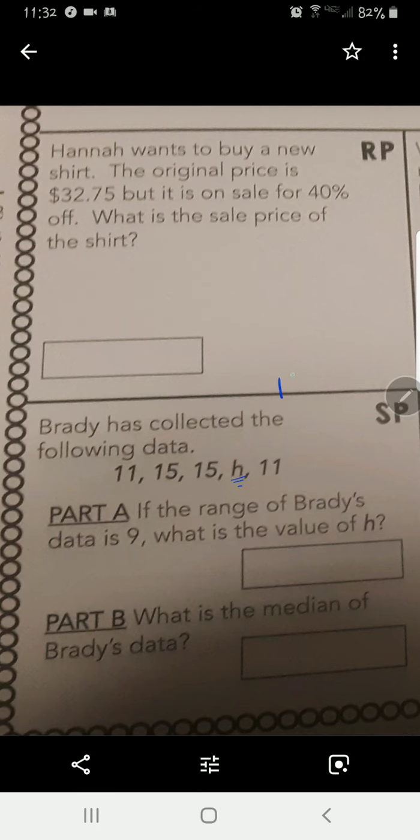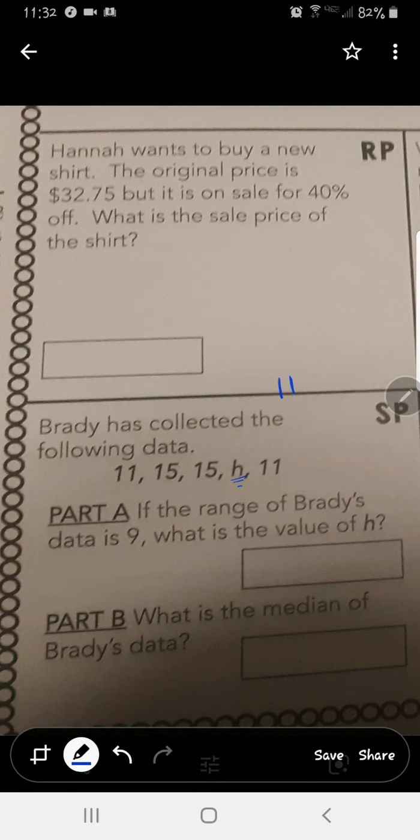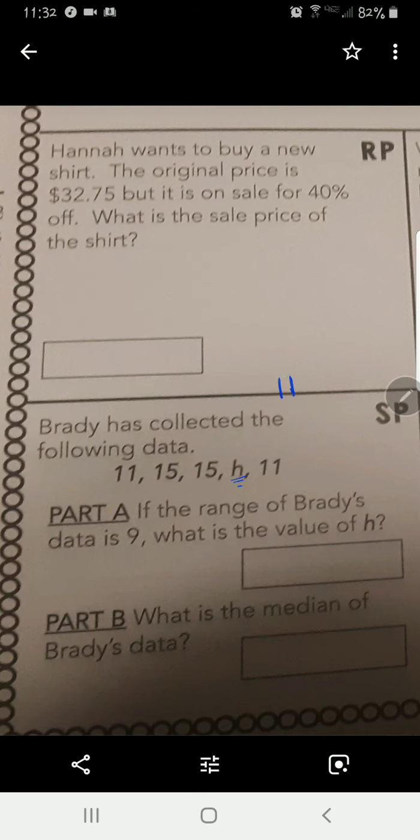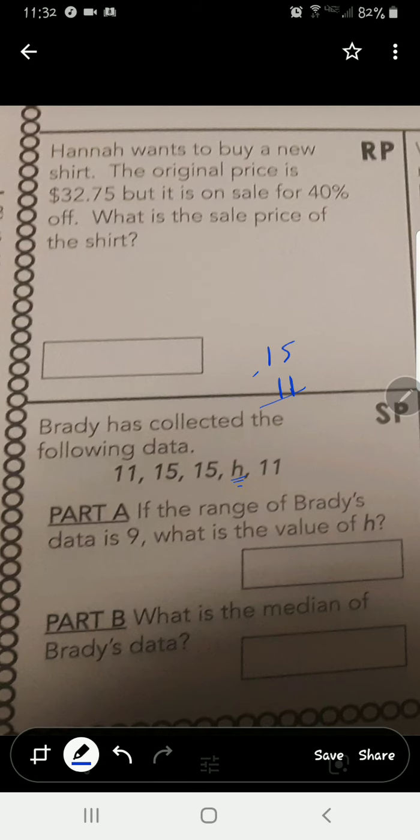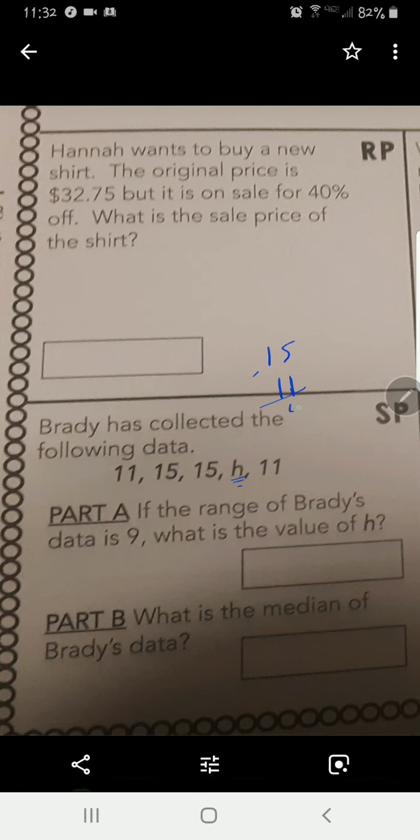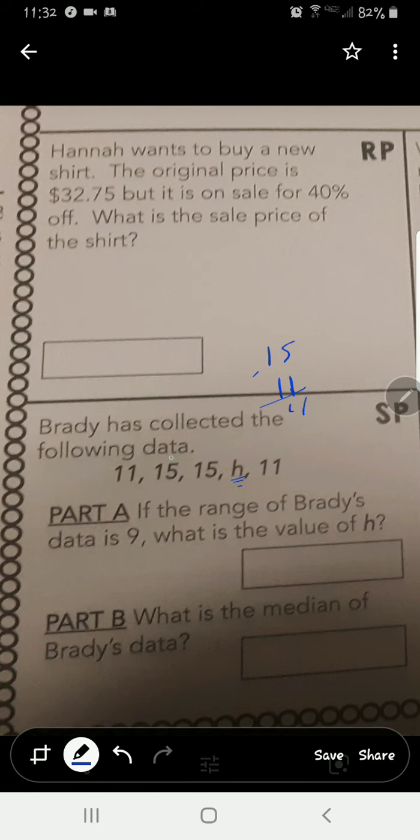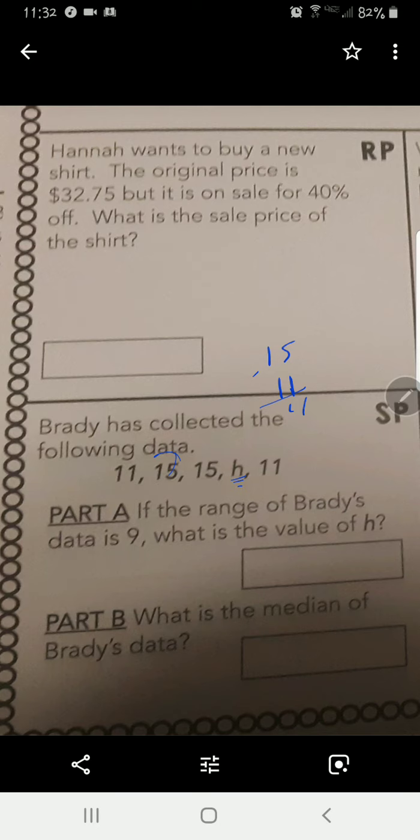And 11 is our lowest number, hypothetically. So 15 minus 11 gives us 4. So 15 can't be our highest number, or 11 can't be our lowest number.